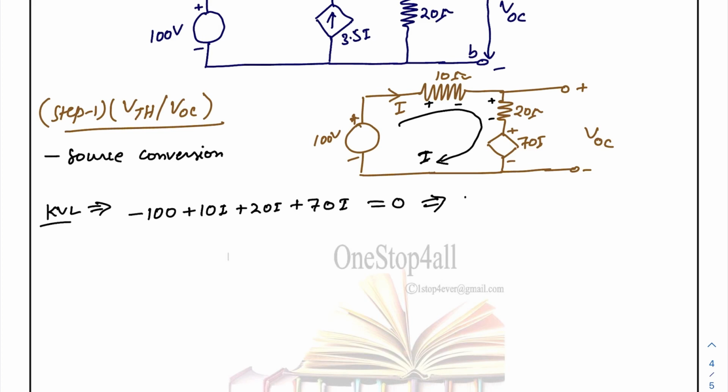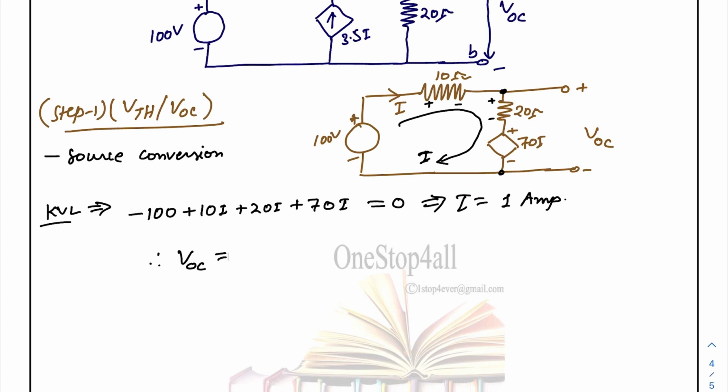From this we can find I equal to 1 ampere. Therefore, what can we write? VOC is the voltage across this terminal. How will we write VOC?